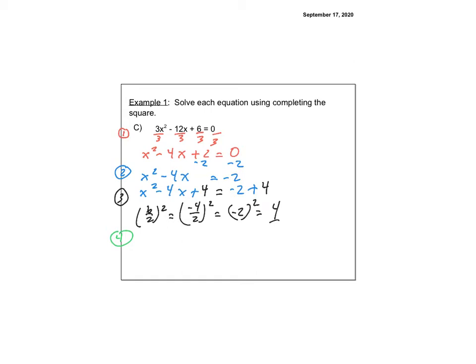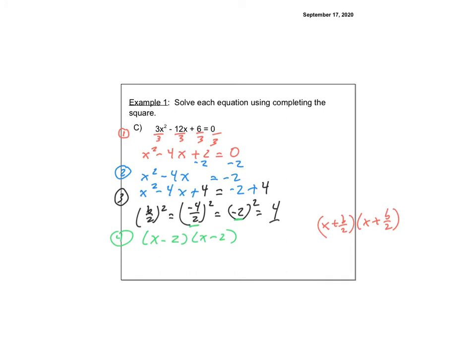Fourth step here. Now what you want to do is write it as a perfect square trinomial. So we can just go ahead and say x, and then the value there, b divided by 2. B divided by 2 ends up being negative 2, so it's x minus 2 and x minus 2. Remember, it's always x plus b divided by 2 and x plus b divided by 2.